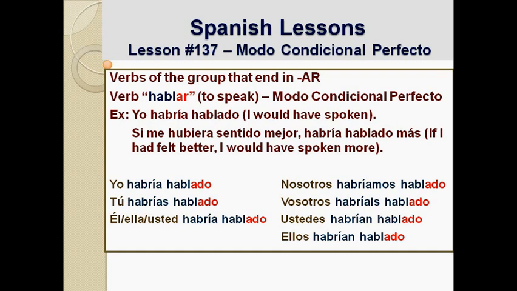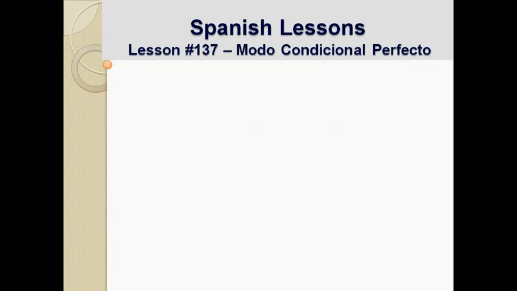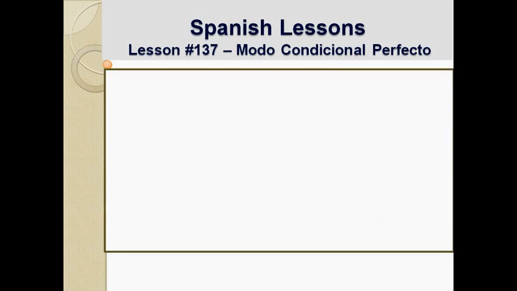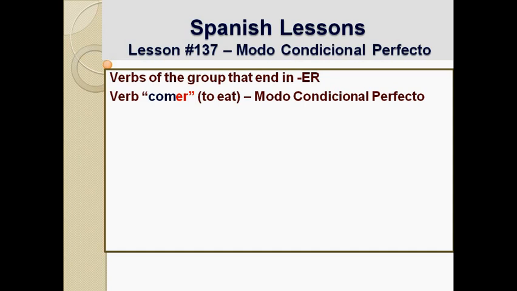So let's now pass to the second group of Spanish verbs. These are the verbs that end in er. We will take the verb comer, or to eat, as an example to conjugate, okay? Example, yo habría comido.